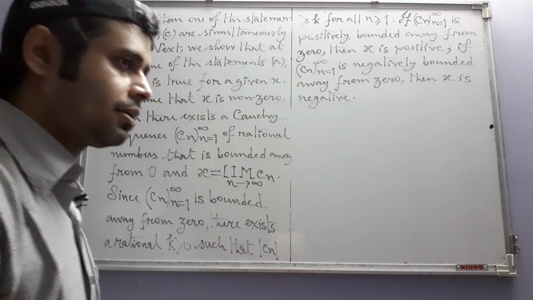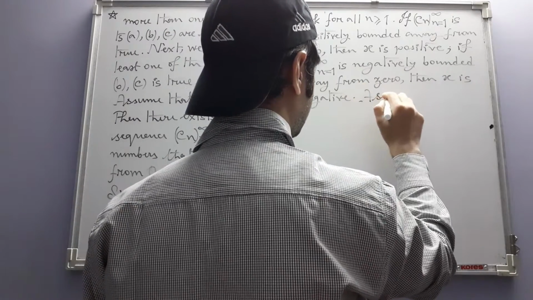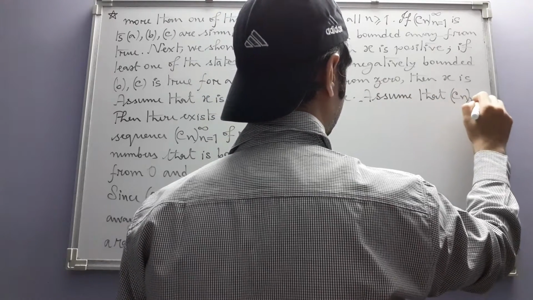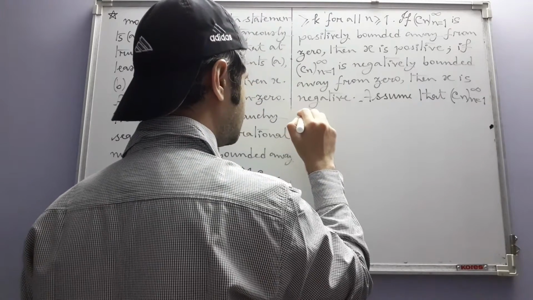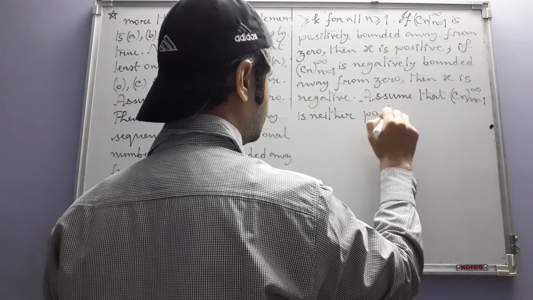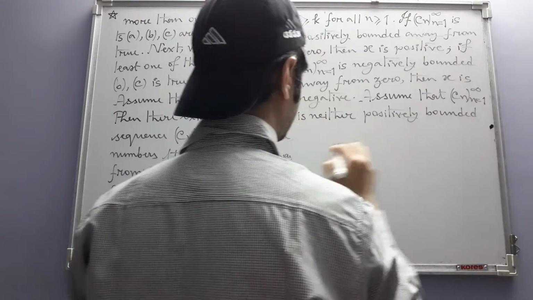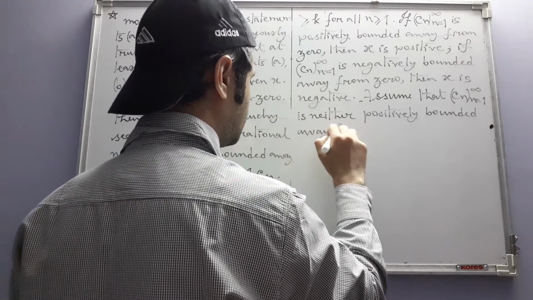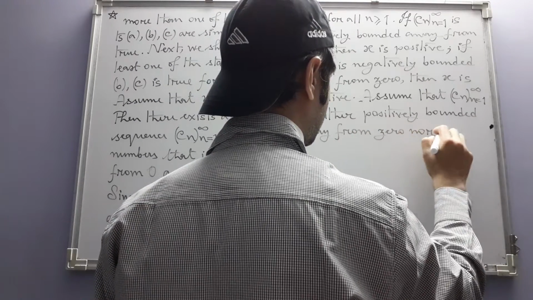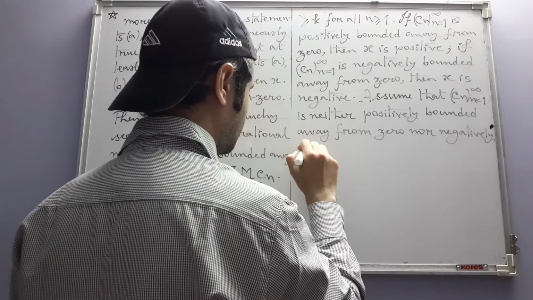So we now assume that none of these things is true. Assume that Cn is neither positively bounded away from 0 nor negatively bounded away from 0.